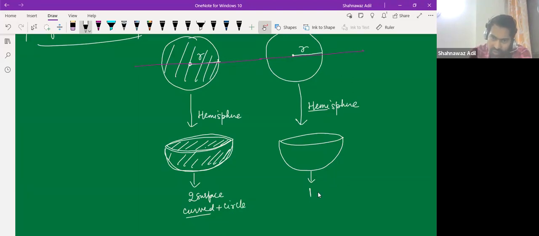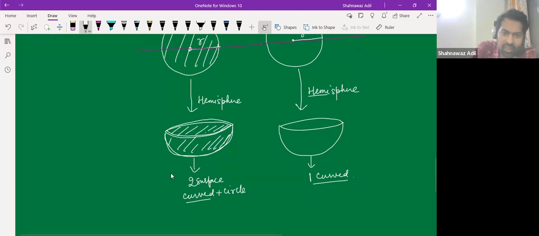And this one has only one curved part. So this one is curved and this one is a circle.